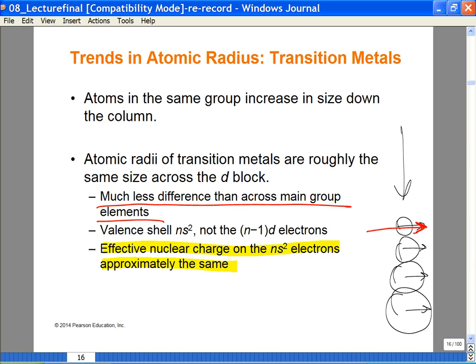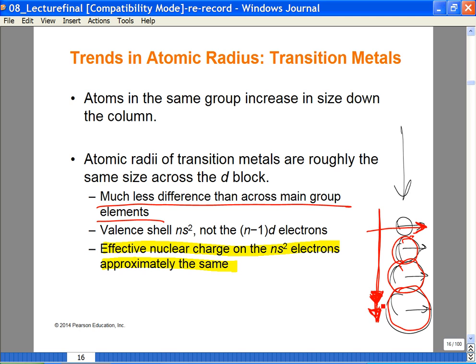However, going down a family, we definitely still experience a larger atom as we go down the group.